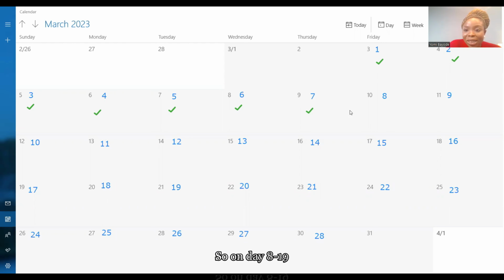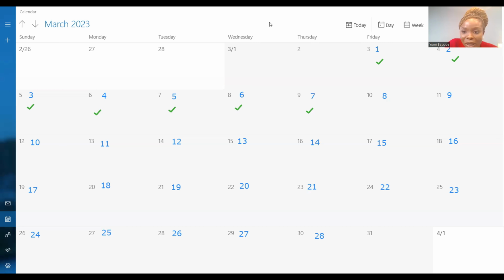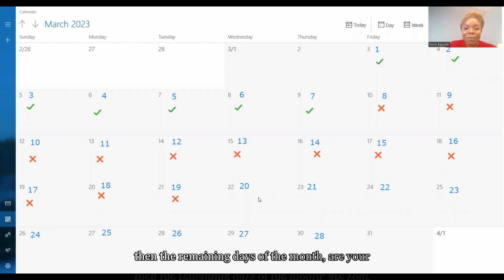On day 8 to 19, you are considered to be fertile and you cannot have unprotected sex on these days. So the 8 to 19. Then the remaining days of the month are your free days.